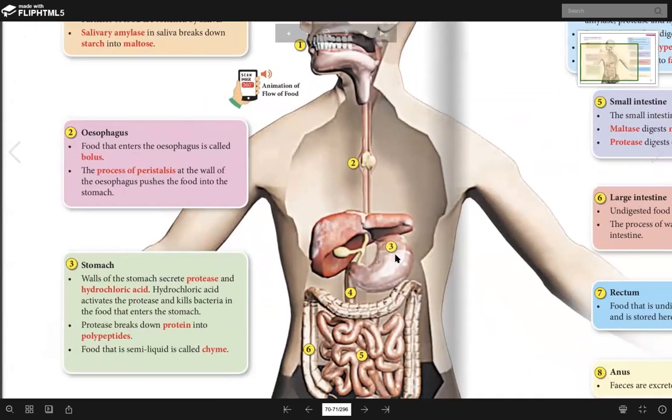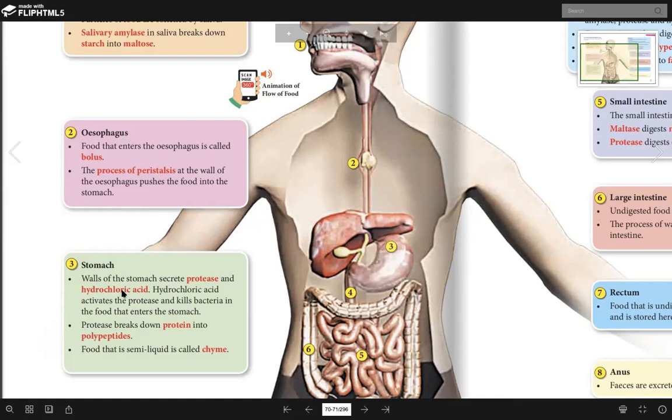Ni awak tengok ni. Ni stomach ni. So makanan bolus tu, it will go from the esophagus, it goes down to the stomach. Okay, awak tengok what happens in the stomach. Okay, the wall of the stomach secretes protease and hydrochloric acid.